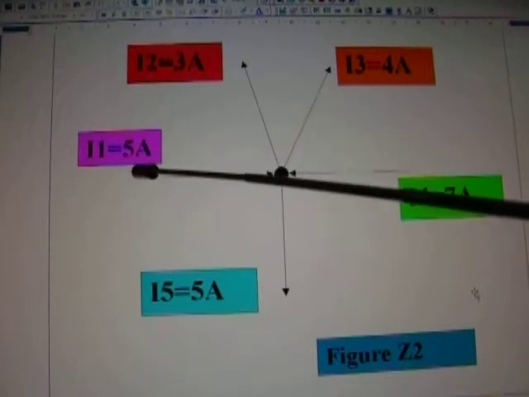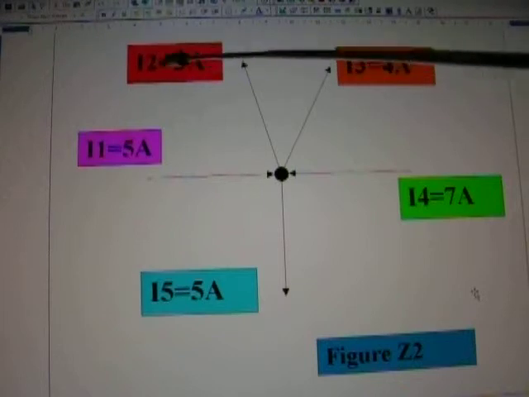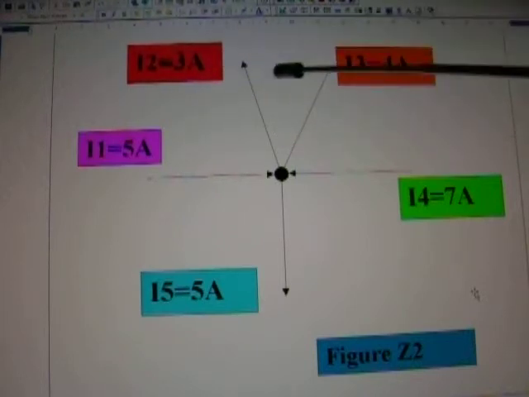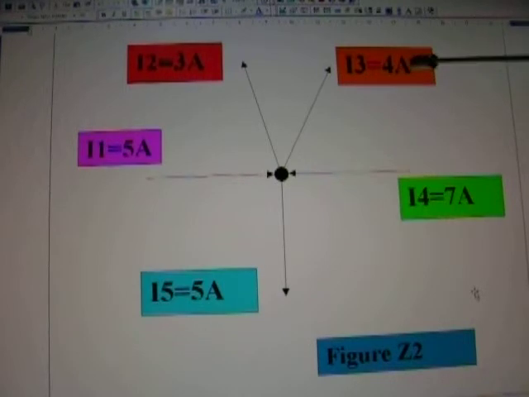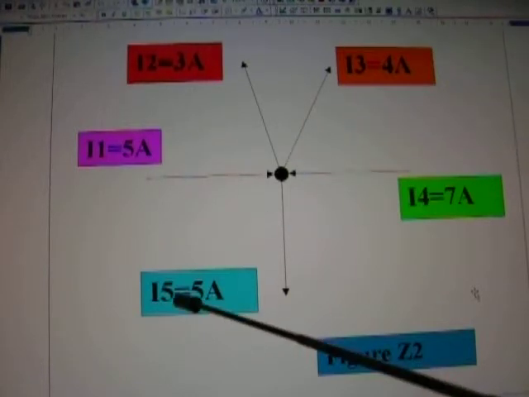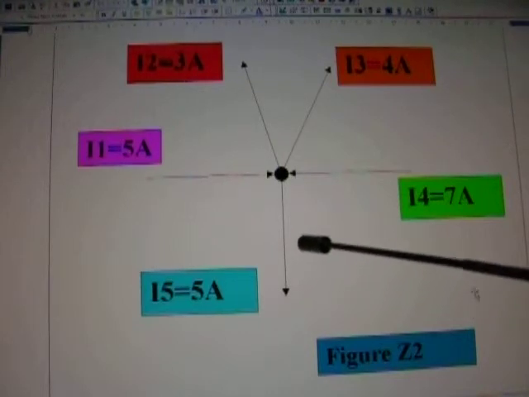Here we have I1 equals 5 amps going into the junction, I2 equals 3 amps leaving the junction, I3 equals 4 amps leaving the junction, and I4 equals 7 amps going into the junction. I5 equals 5 amps, and that is leaving the junction.